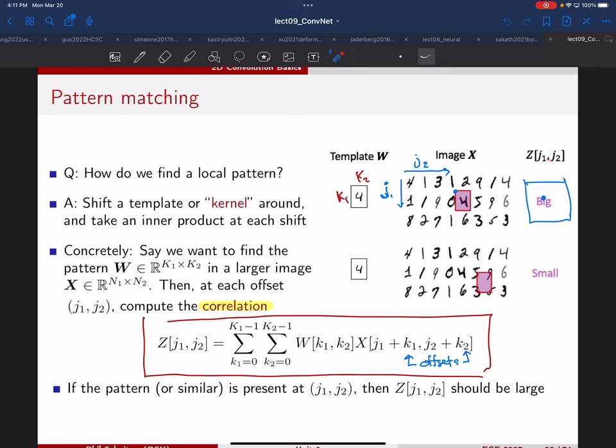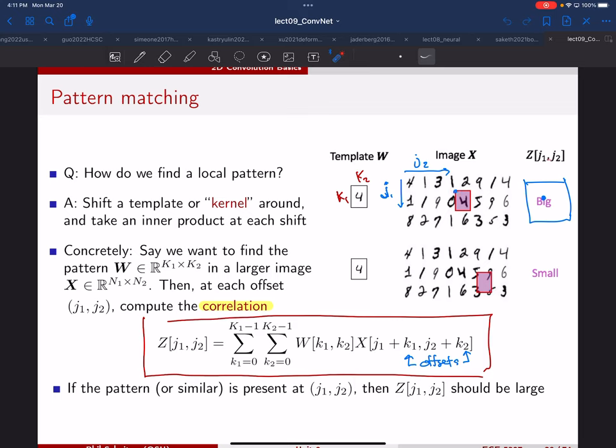And in some sense, that tells us whether there is something similar to this template at that location in the larger image. So we move around all the locations in the larger image, and we do this for every shift. We call J1 and J2 the indices of the top left corner of this template that we're moving around.